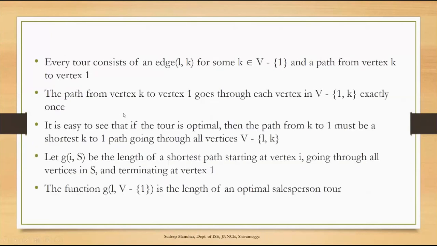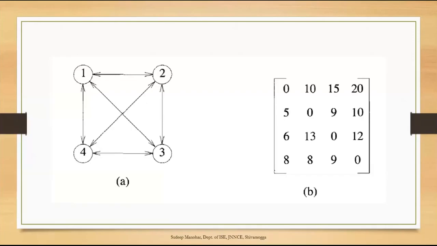Third one, it is easy to see that if the tour is optimal, that means if it gives the minimum cost, then the path from k to 1 must be a shortest k to 1 path going through all the vertices. Same example: 1 is the starting vertex, 2 is considered as k. Now from 2, we have to check the paths back to 1. So how many paths are there from 2 back to 1?